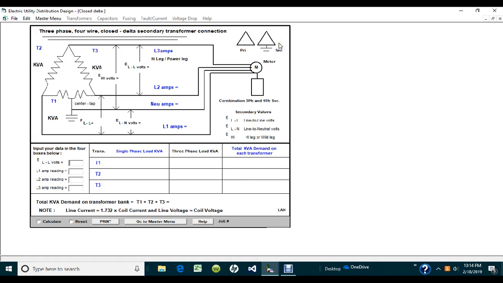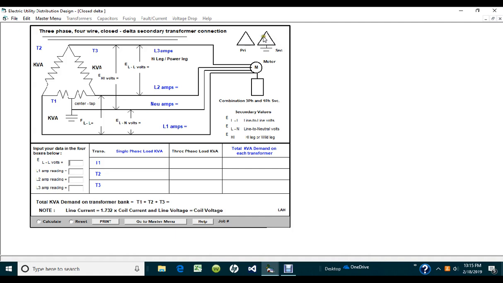Basically what it represents is the way the transformers are electrically connected to each other. The ones we're going to concentrate on is the secondary, because this is where the customer picks up his load from. And so we're going to concentrate on the secondary delta triangle here.